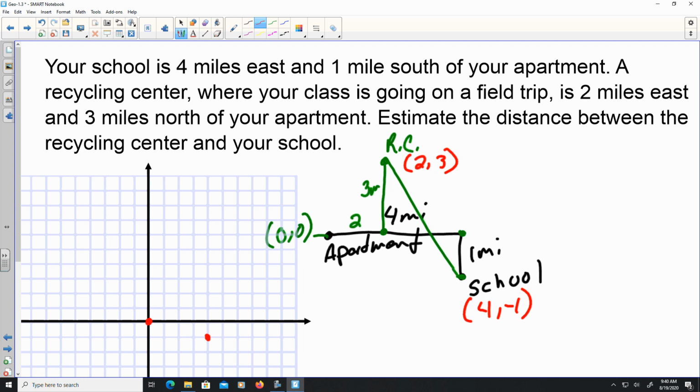So that's why it's 4, -1. The recycling center is 2 east and 3 north. So that's basically what they're looking at. So this is why I said this was 2, 3, and this was 4, -1. Again, you could have used any point as your 0, 0, and that's as your apartment.